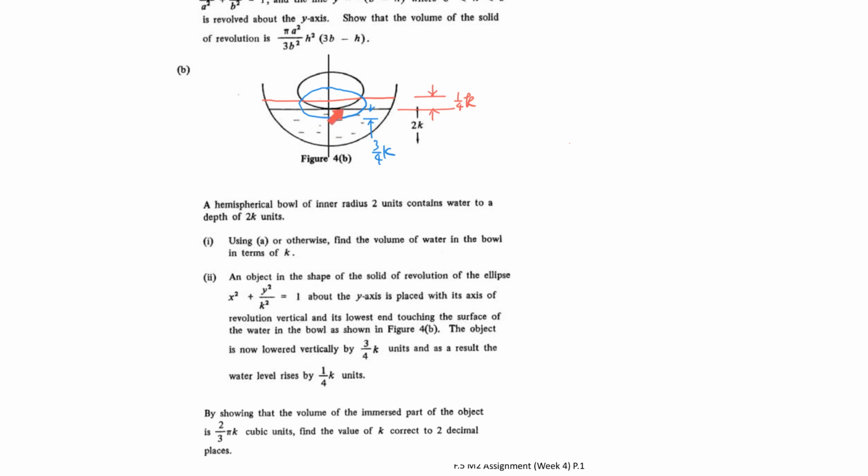Okay, so you see the situation. I teach you how to realize the case. Now you just think about this line as a reference. The original water level. Now the new water level is here, the red line, and the new position of the ellipse is something like that, and it is lower by a certain unit. How to measure? Well, originally this point, the lowest point of the ellipse, is now lower by 3/4K.